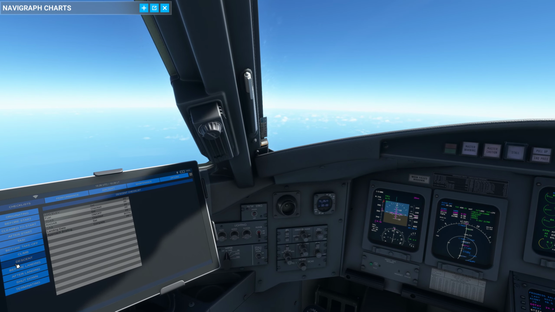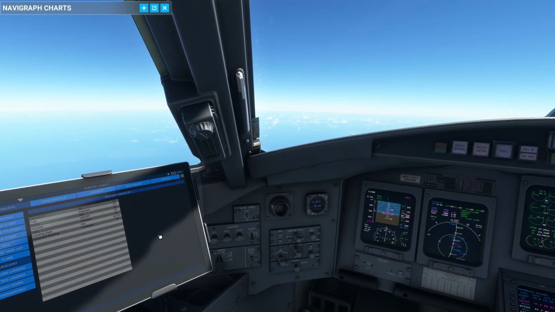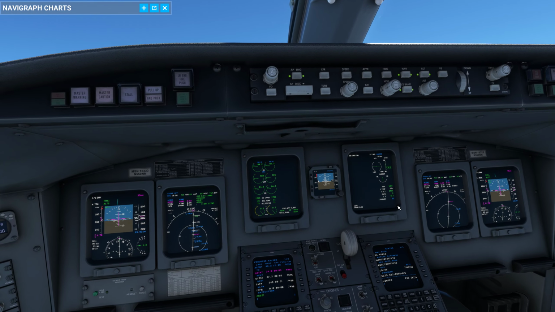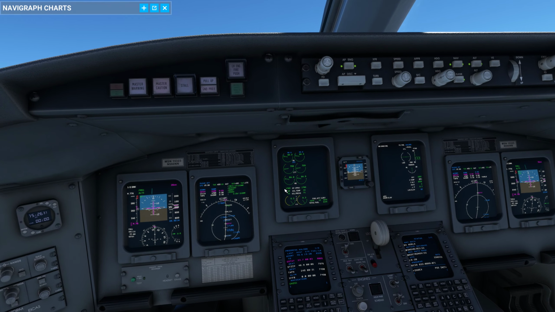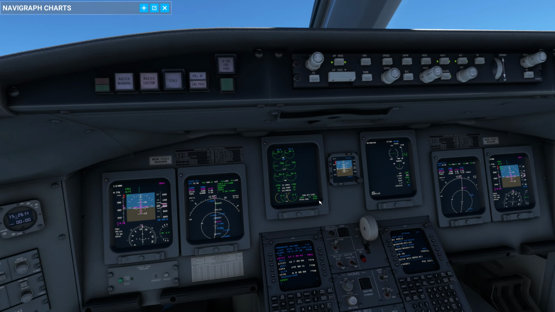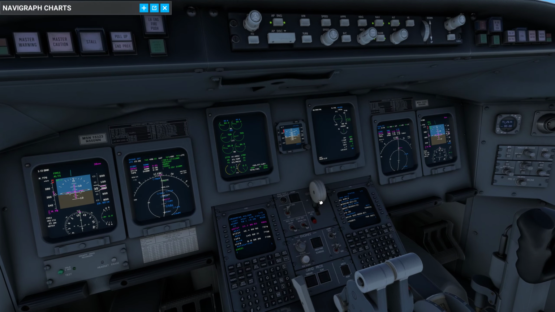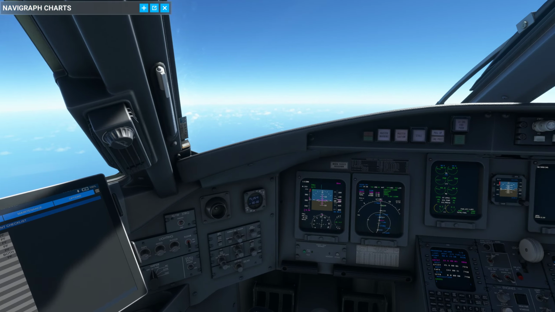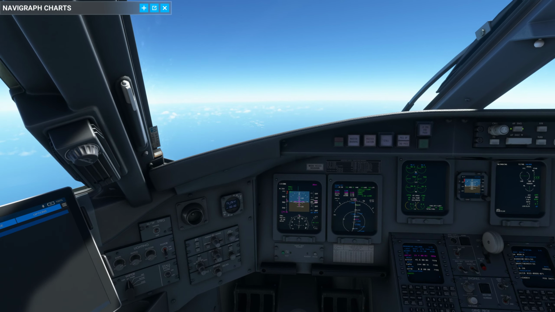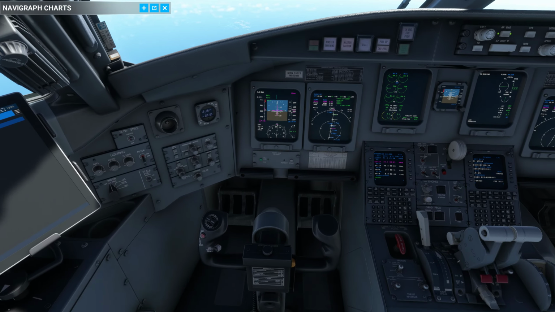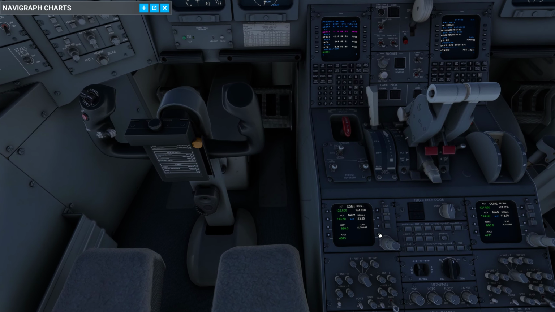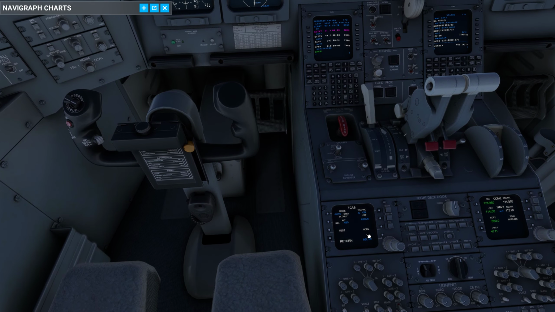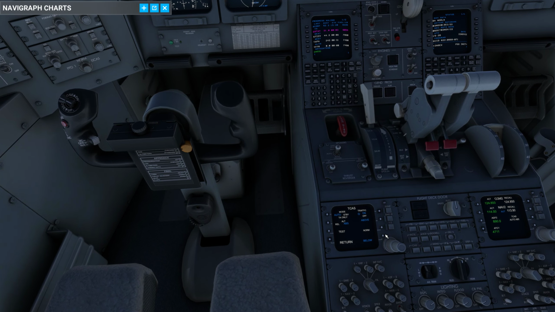Let's pull up the descent checklist. Landing level is set, 60 feet. Fuel is balanced and adequate. Let's see. TCAS. Set our TCAS. TCAS is set for below, which is perfect.